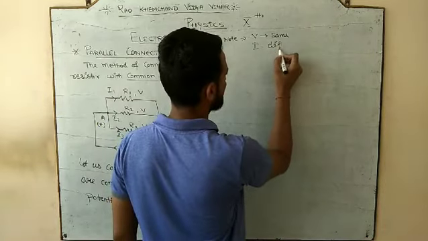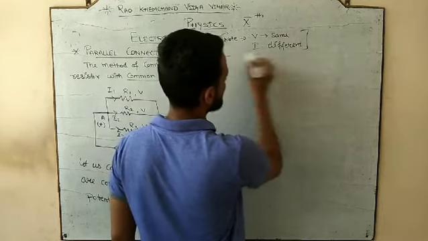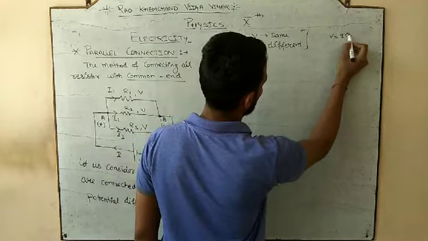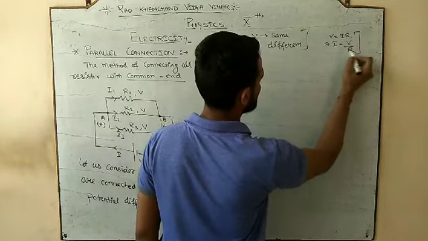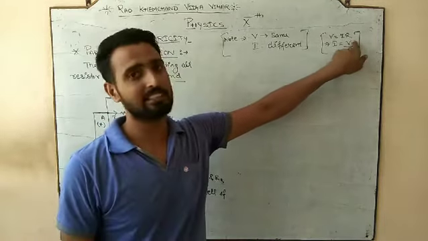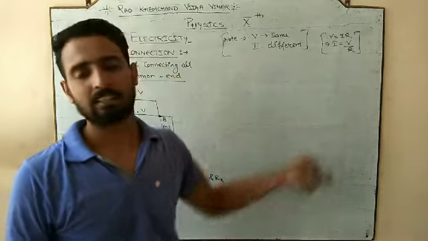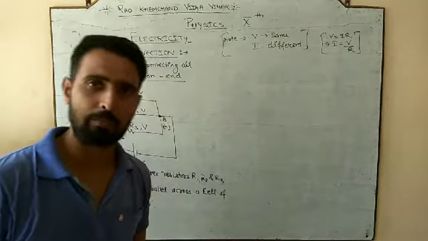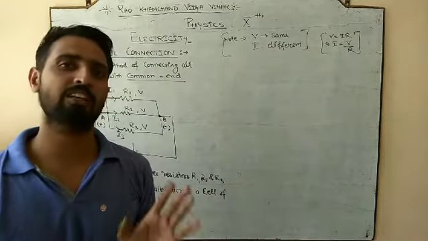I is different, and that is the point that you have to remember, that V is equal to IR, or you can say I is equal to V by R. V is common to everyone. In parallel connection V is common, but R is different, and if R is different, the I would be different from everyone. So here potential is the same and current is distributed differently.